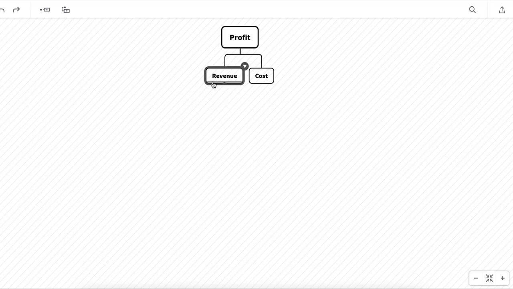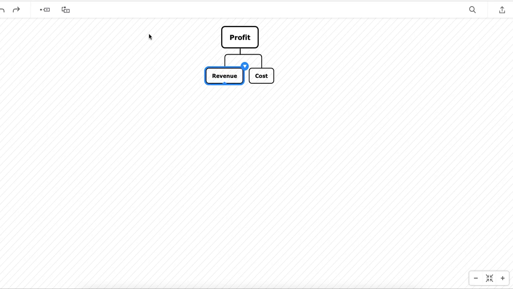Now, what are the drivers of revenue? On a very high level, let's say if you don't know much about business, how will you break revenue? Revenue is basically price multiplied by the number of units I sold for each product I have.